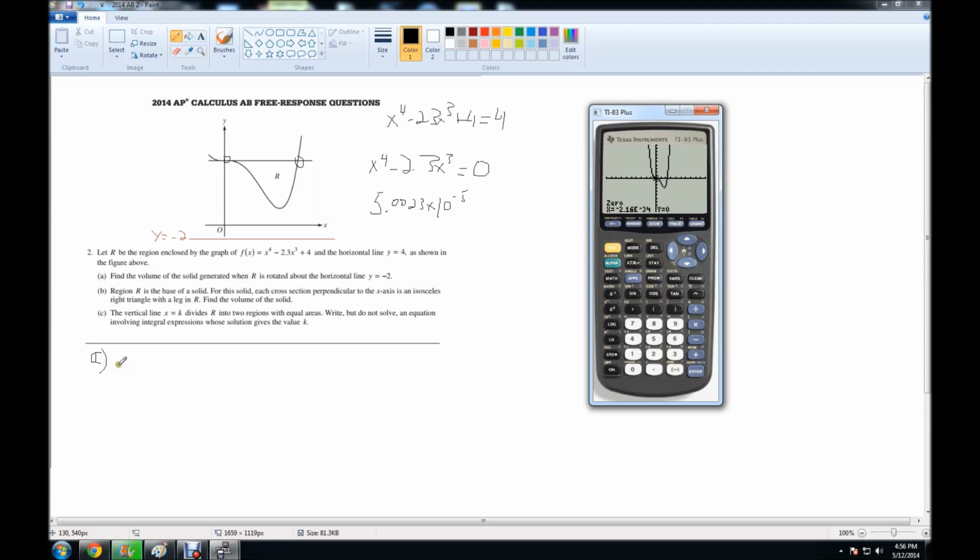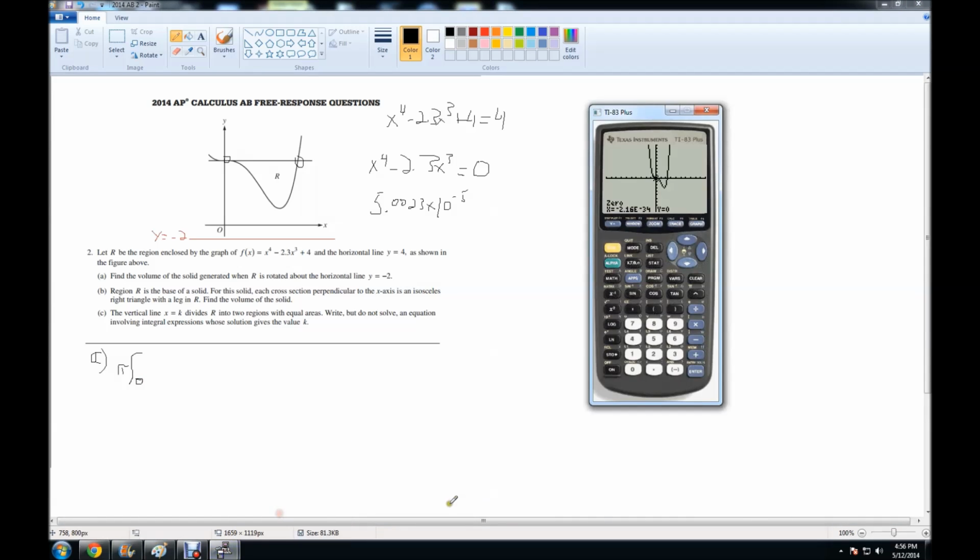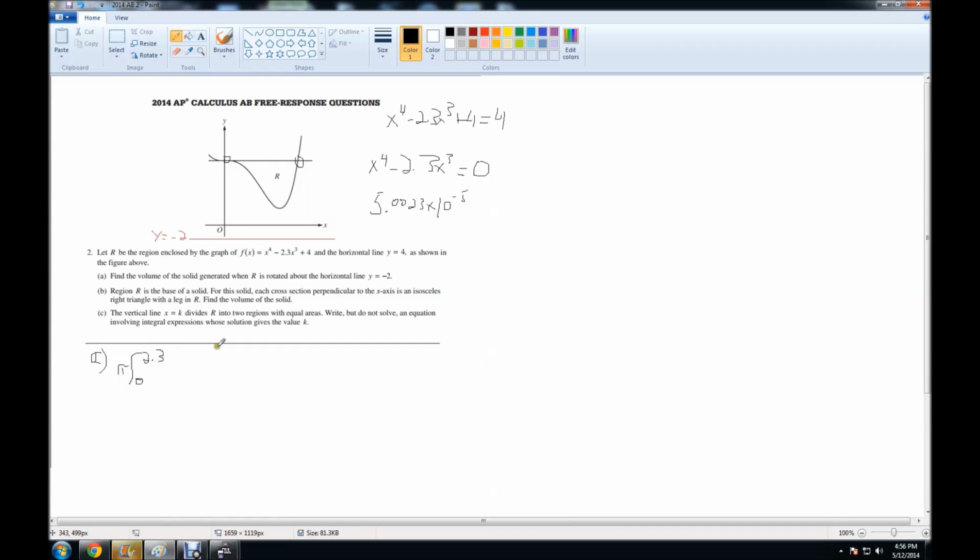So writing this, we have pi times the integral from 0 to, let's find the second 0, which is, let's start here and put 3. We have the 0, 2.3. So from 0 to 2.3, and now this is where we have to understand. It's going to be the larger radius minus the smaller radius. Since we're rotating around y equals -2, the bigger radius is from the line y equals 4 all the way to -2, and the smaller radius is from the graph f of x to -2.